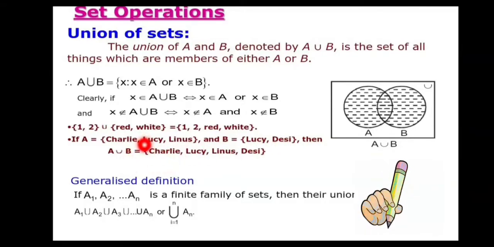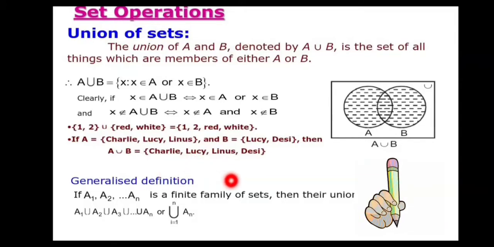Joining all the elements of both the sets, but we have to remove the repetition, which means Charlie, Lucy, Linus, Daisy. The name Lucy repeats here in the set A as well as B. So when writing the A union B, we will write it only once.